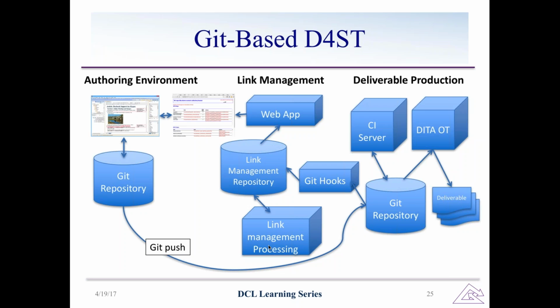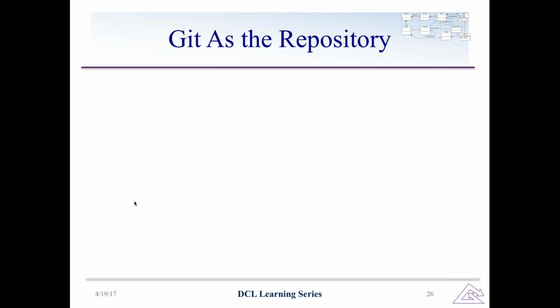The link management repository provides a web application that gives you access to the link management information. And then in your local authoring environment, you have a local Git repository that allows you to do your day-to-day, minute-by-minute authoring, and then communicate things back to the main Git repository. So it closes the loop from your authoring environment to the central Git repository, back to the link management application, and back to the authors.